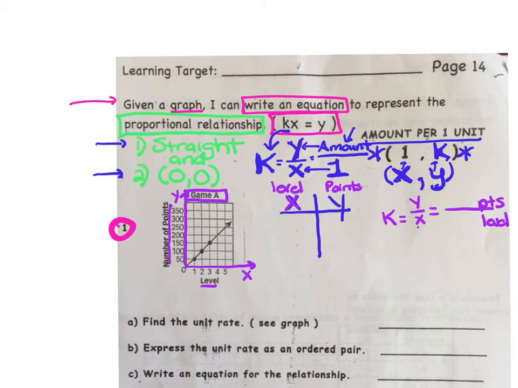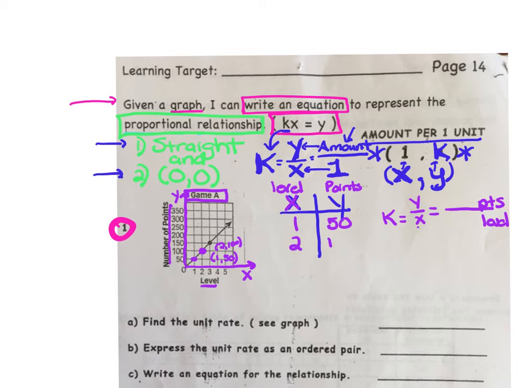So let's grab a few points off this line. Our first point that we want to grab is 1, 50. For level 1, you get 50 points. And then the next one we want to grab is perhaps that next consecutive point. Level 2, you get 100 points.